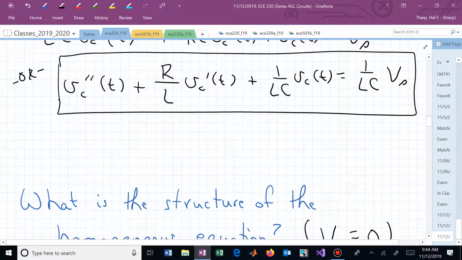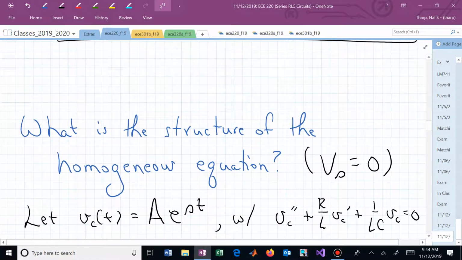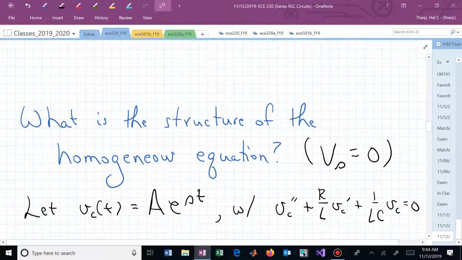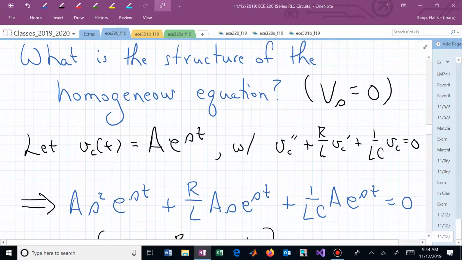What's the structure of V sub C of t? Well, we can do the same thing that we've done before. We can say, well, let's assume that it's exponential with the coefficient a and this complex exponential s. Let's let V sub C equal a e to the st. In this homogeneous equation, we're now setting V sub S equal to 0, and we get something similar.